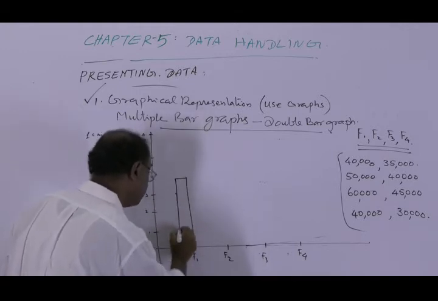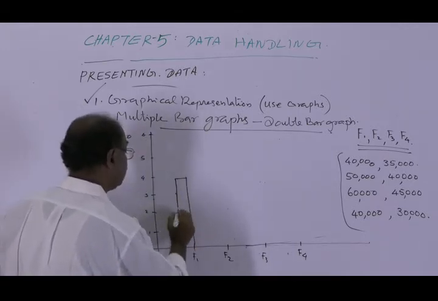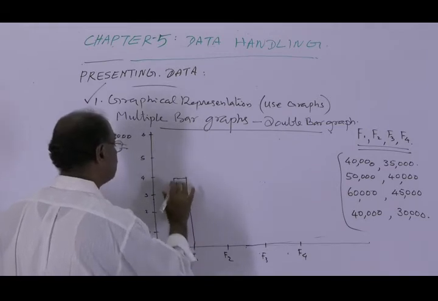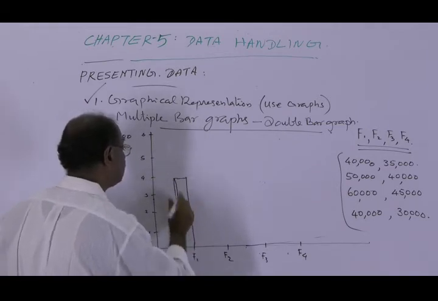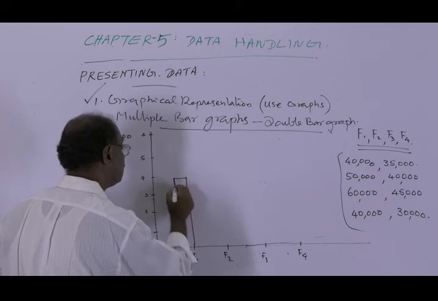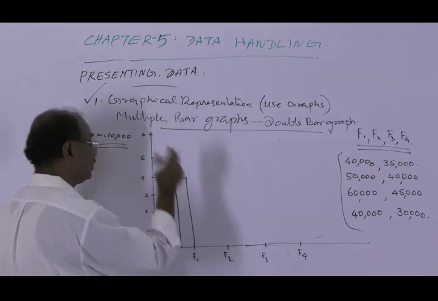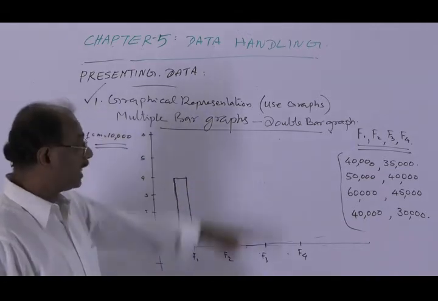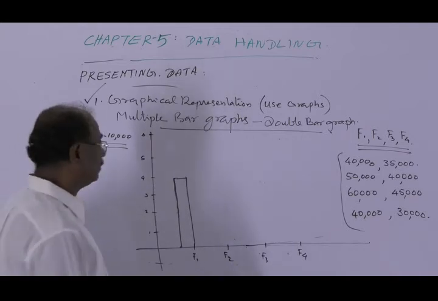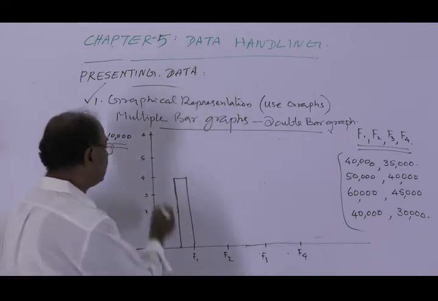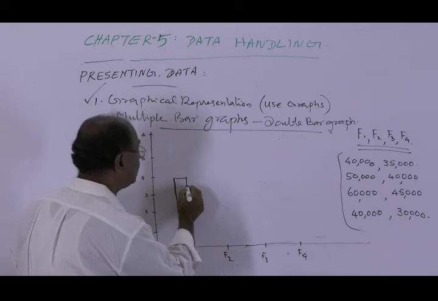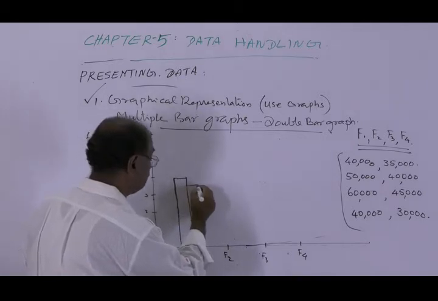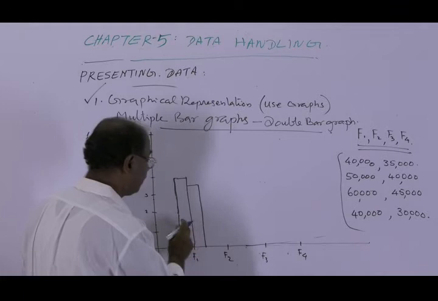So a bar with a height 40,000, and the expense for the first family 35,000, an adjacent bar of the same width.